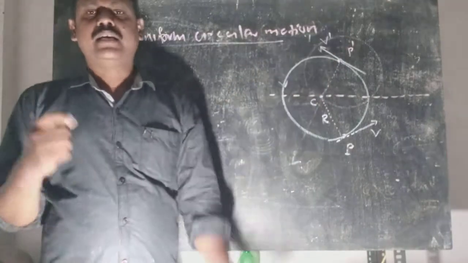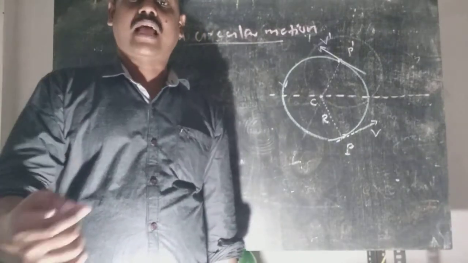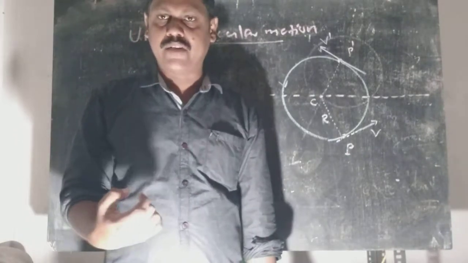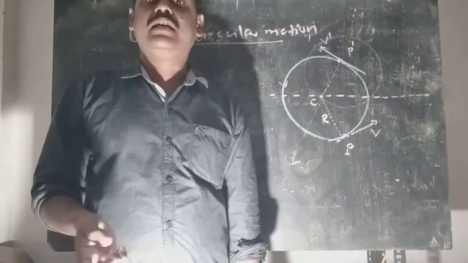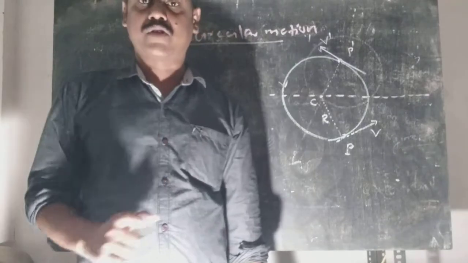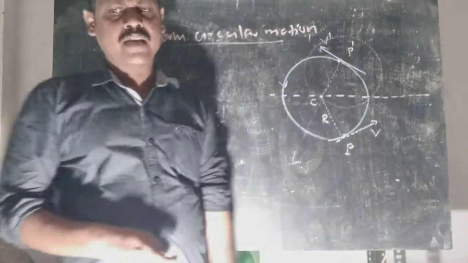Since the direction of velocity keeps changing, there is acceleration. Though the magnitude of speed is uniform, since its direction of velocity changes, it is accelerated motion, right?